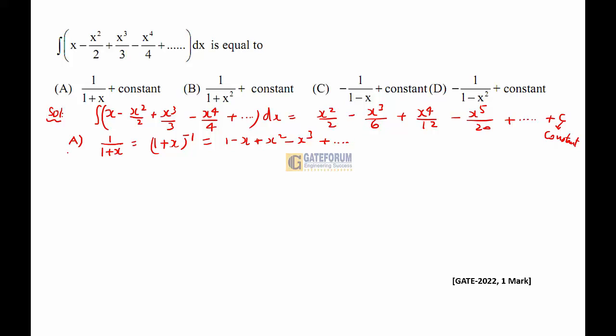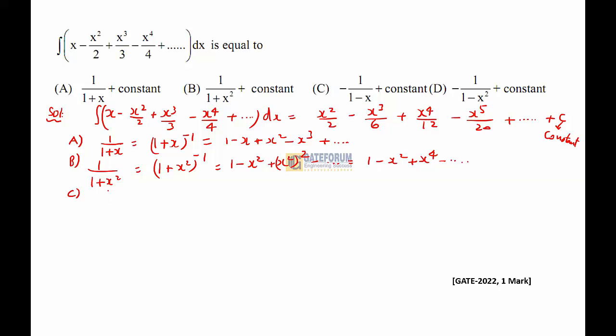Okay, B 1 by 1 plus x square can be written as 1 plus x square whole power minus 1 is equal to 1 minus x square plus x square whole square minus etc. This is nothing but 1 minus x square plus x to the power 4 minus x square, which is not equal to the given integration, the value of the given integration.